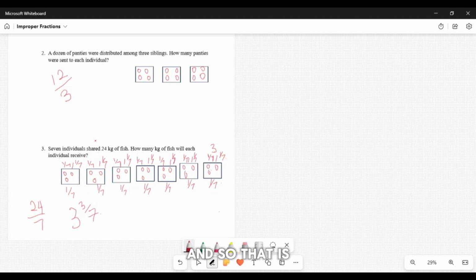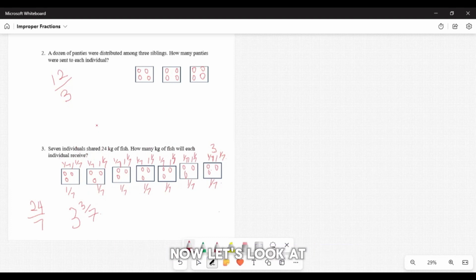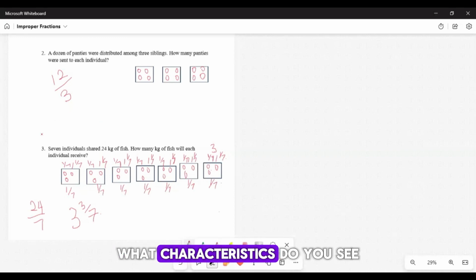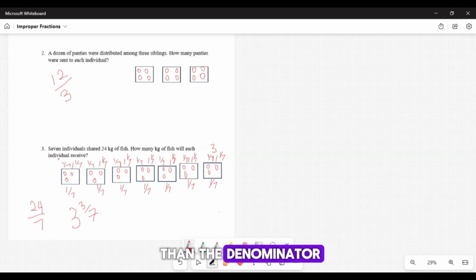And so that is how an improper fraction behaves. Now let's look at the properties. What characteristics do you see? You realize that the numerator is bigger than the denominator.